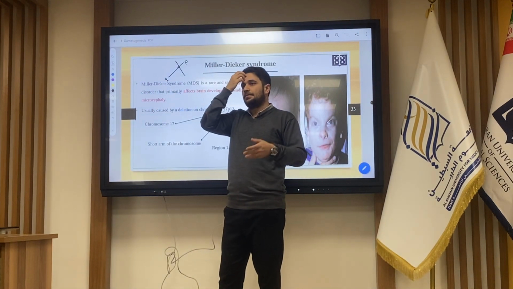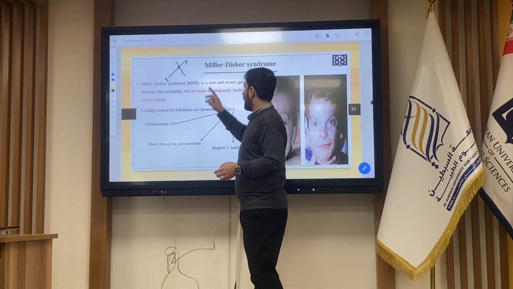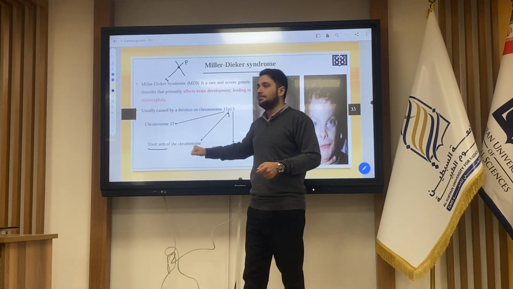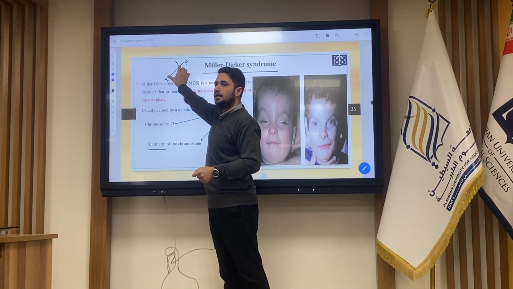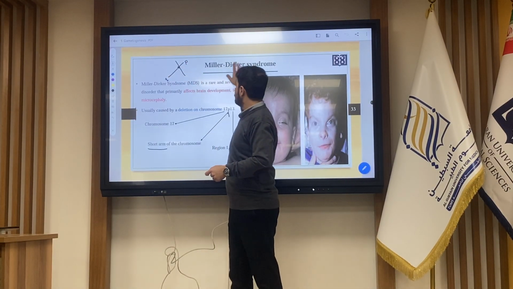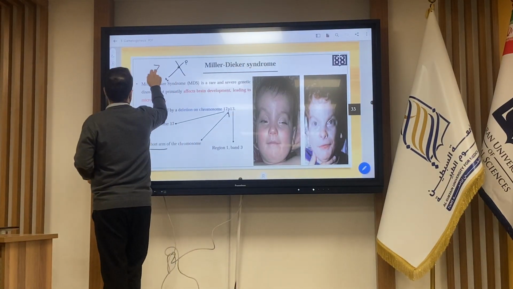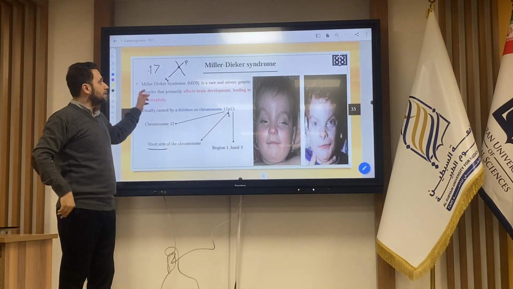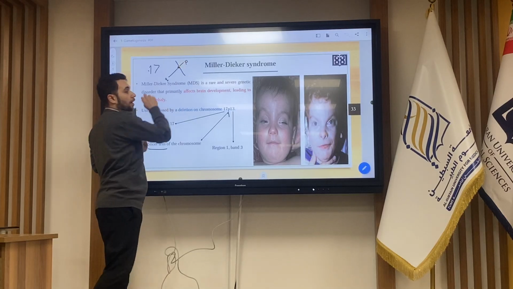If you see, for example, in some books, in some disease, when you are studying, that something happens to P, it means the short arm, this one. This is small and this one is large. So it shows the Miller-Dicker syndrome, and for example, this is chromosome number 17. It means that it's happening at this part.